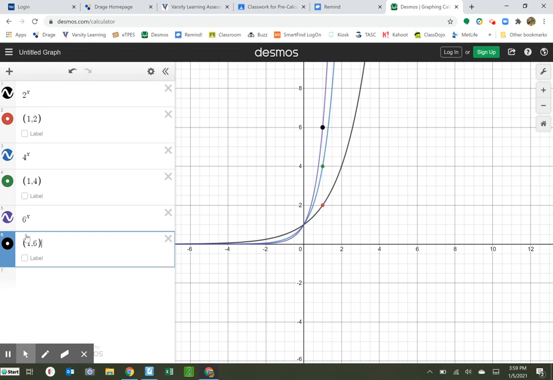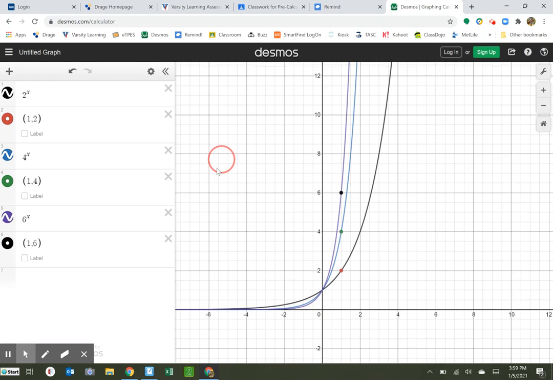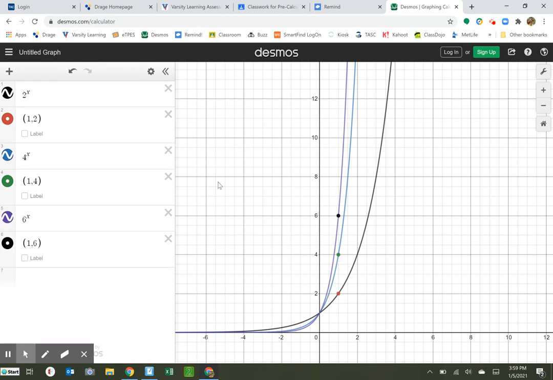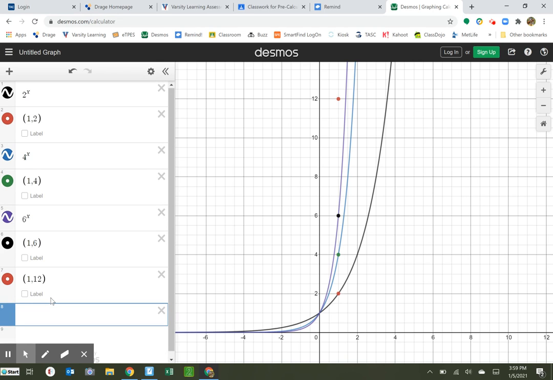Well, what do you think would happen if I scroll down here a little bit? If I were to pre-plot the point 1, 12 there, and graph 12 raised to the xth power, would my curve hit that point?